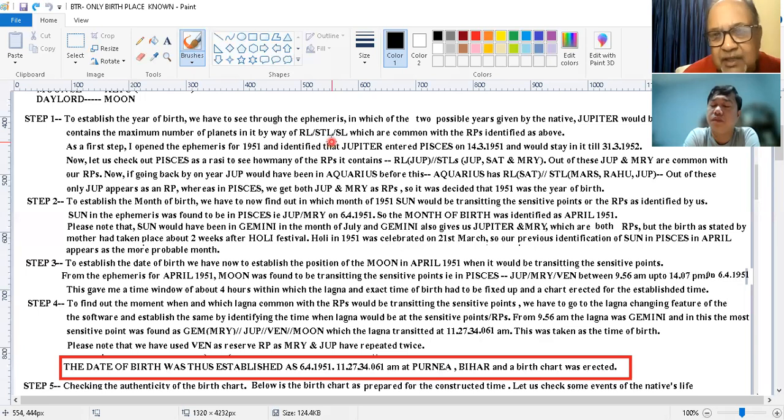That will be chosen as the year of birth. In whichever year Jupiter is in a Rashi, the maximum star lords of which are coinciding with our ruling planets. Okay? Getting me?